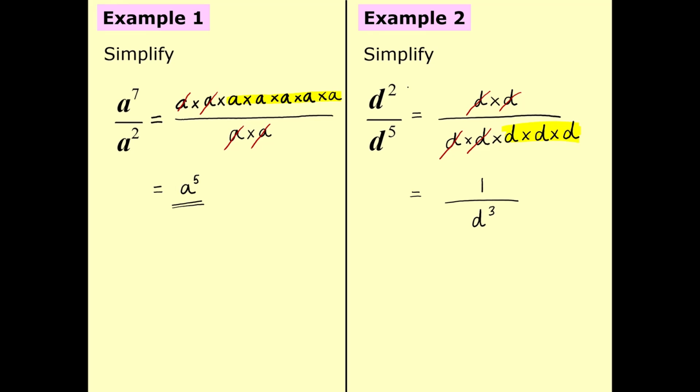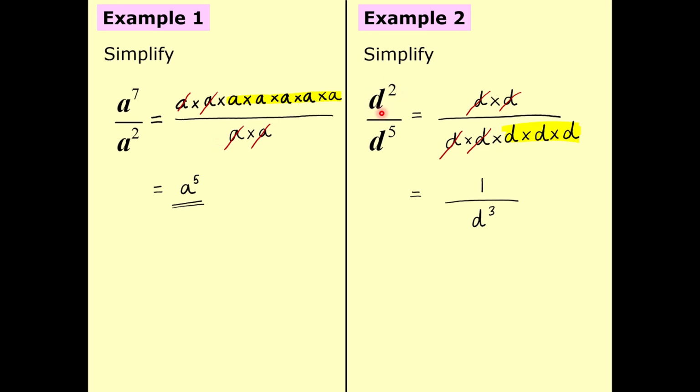So what we're doing is expanding any terms on the top of our fraction and on the bottom. So here we expanded a to the power of 7, so a times itself 7 times, and then we're cancelling any factors on the top if they're the same on the bottom.